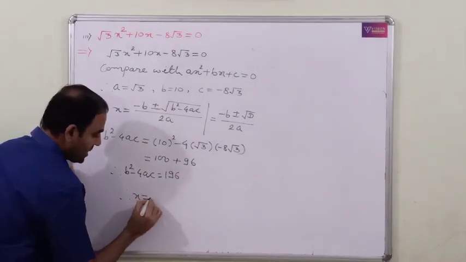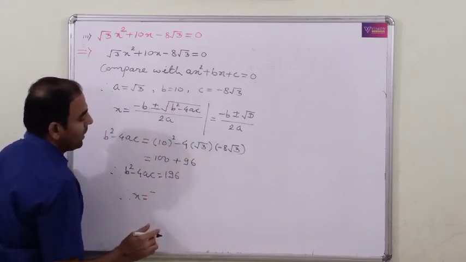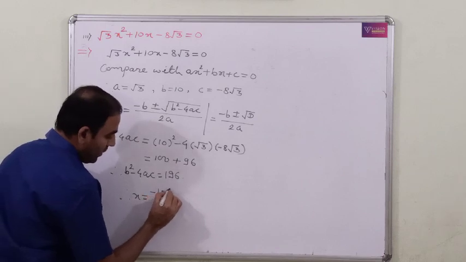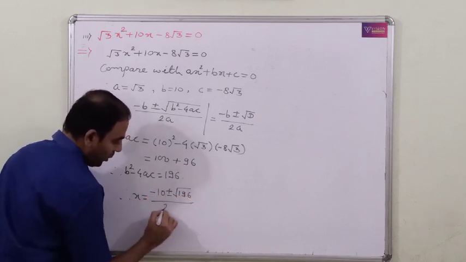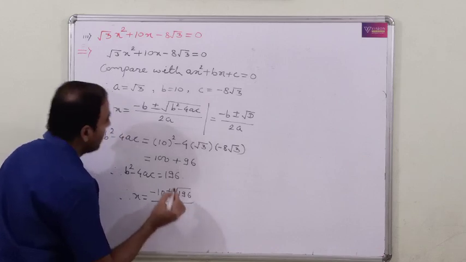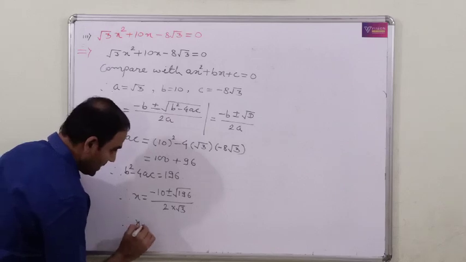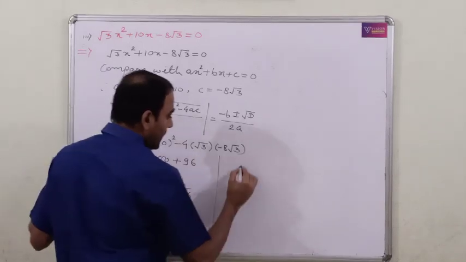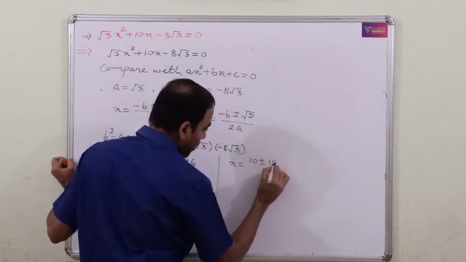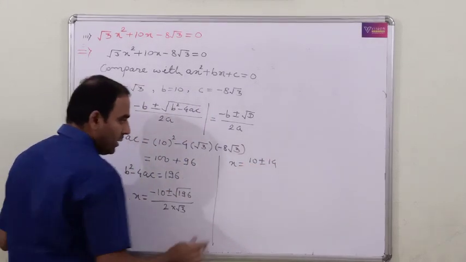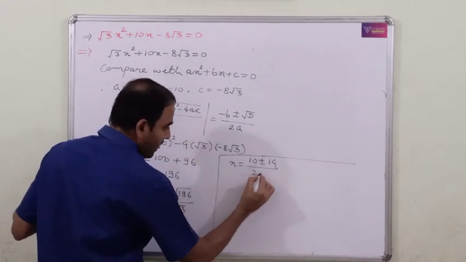Put that value. Therefore, x is equals to minus b का वैल्यू क्या है? 10 प्लस और माइनस अंडर रूट 196 अपॉन 2 इंटू a का वैल्यू है √3, 2 into √3. So we get x is equals to 10 plus or minus root of 196 is 14 upon 2 √3.